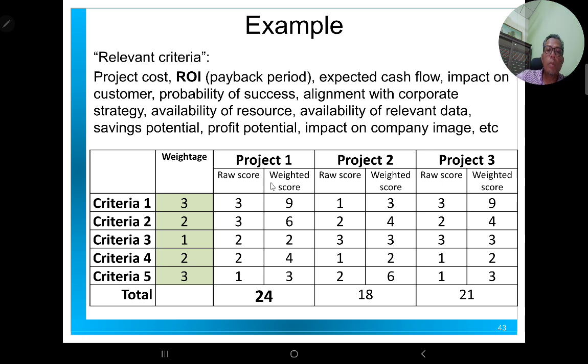You do the same for project 2, giving scores, and you obtain a total project score of 18. Project 3 receives a total score of 21. So based on this method, you will choose project 1 to be implemented, based on the highest score.